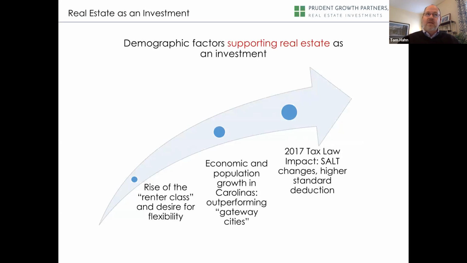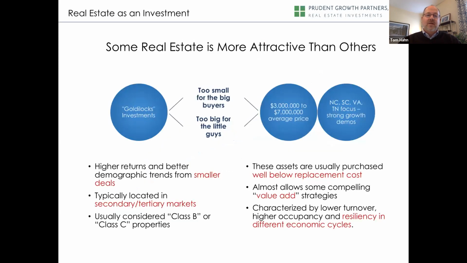So for the lower to middle income demographic, I think the argument to own real estate is a really difficult one to make with a $24,000 standard deduction now, and with a cap on state and local tax deductibility. Very few people are going to be itemizing deductions in that income bracket, which is an area that we tend to focus on.